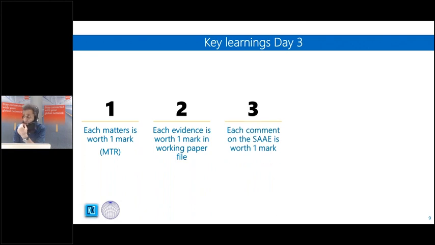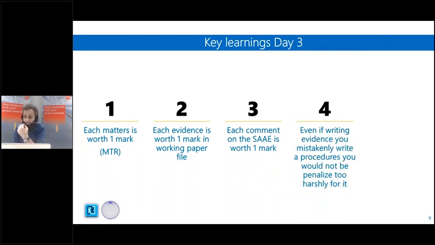I hope all of you remember that. 2, each evidence is worth 1 mark in the working paper file. Number 3, each comment on the sufficiency and appropriateness of the audit evidence is worth 1 mark. Fourth, even if writing evidence, you mistakenly write a procedure, you would not be penalized too harshly for it, right?